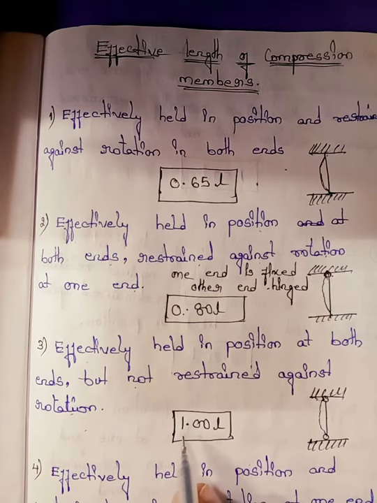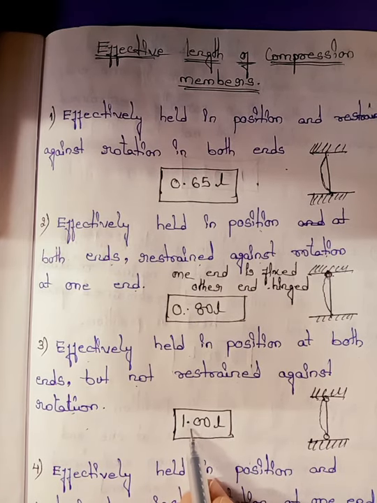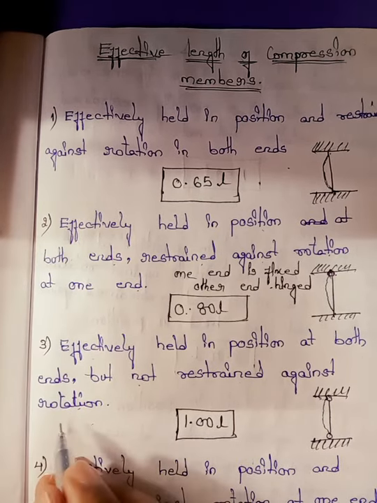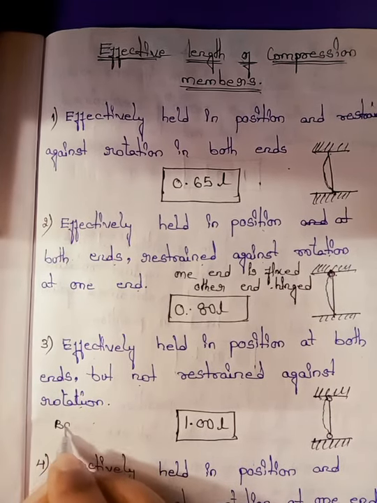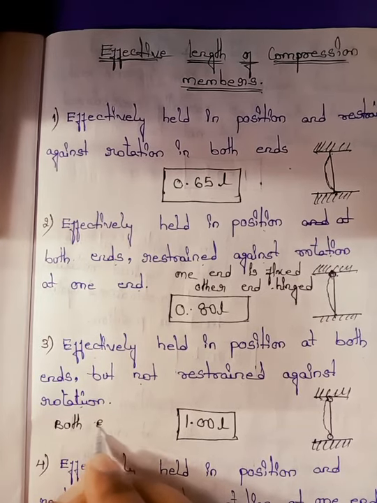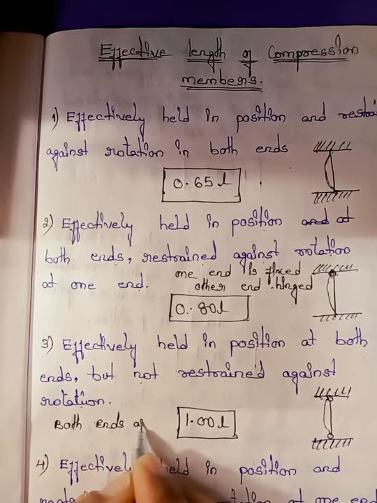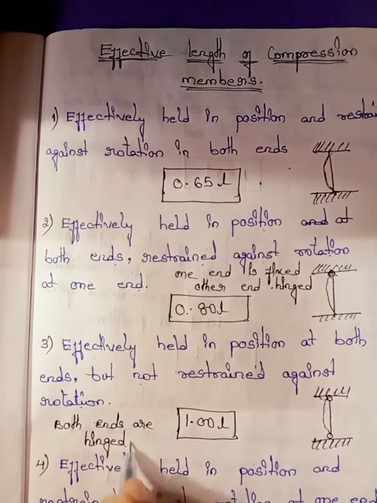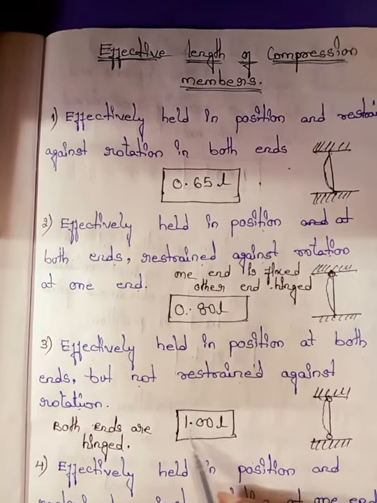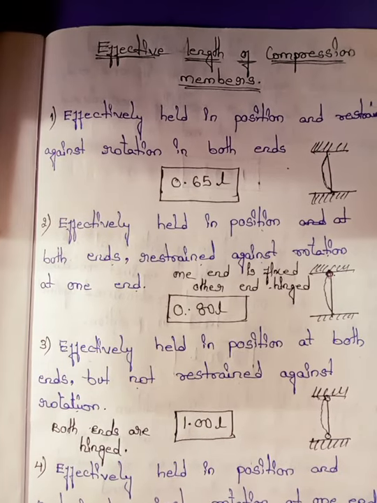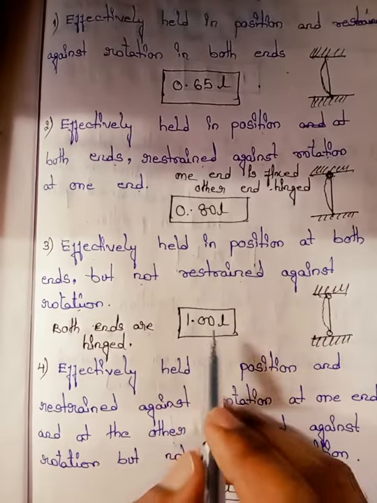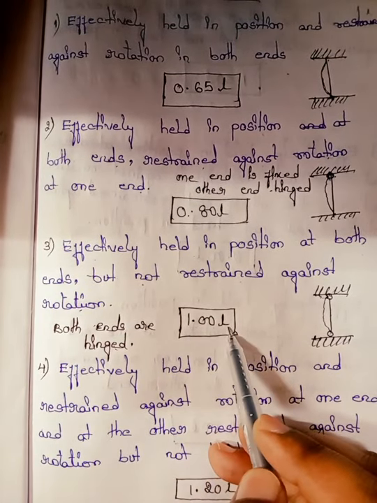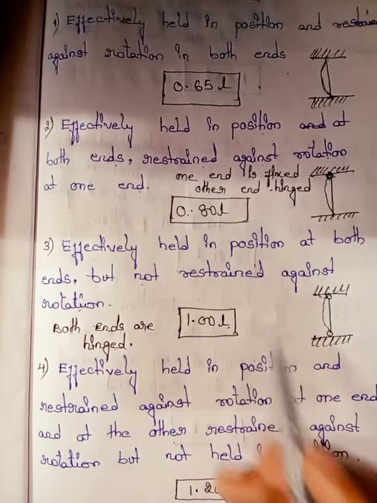Then the effective length is 1.00 L. In another way, both ends are hinged. You can write directly, when both ends are hinged, the effective length is 1.00 L. So it is the same as the actual length.